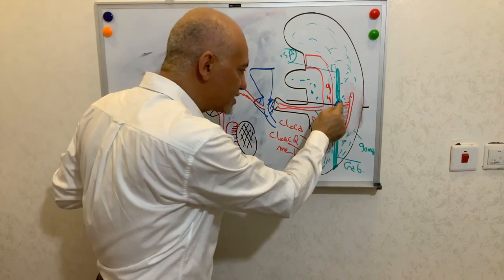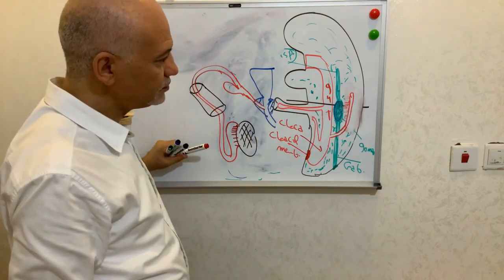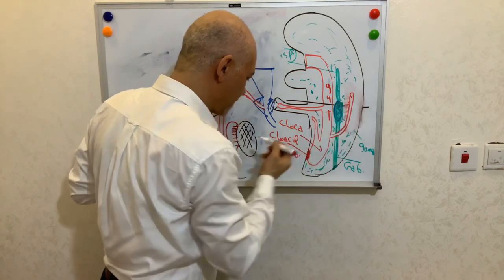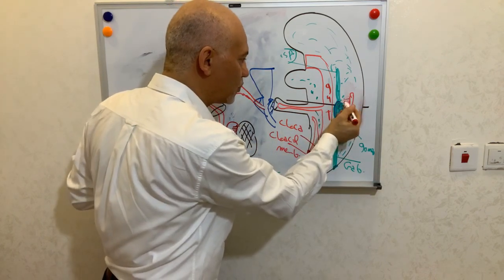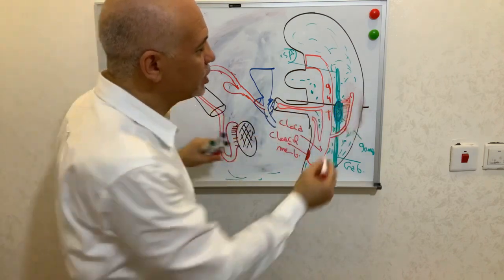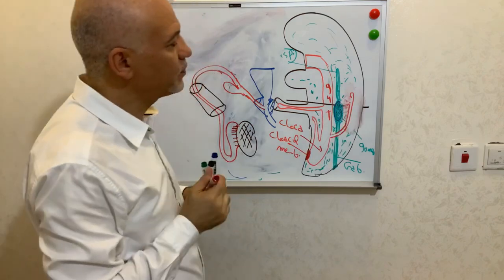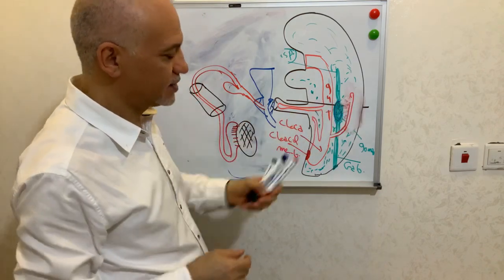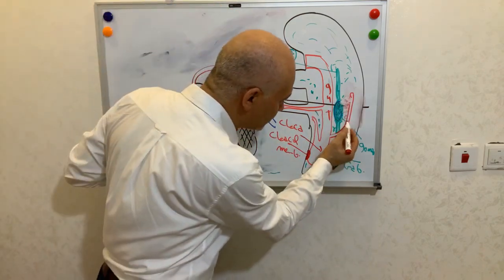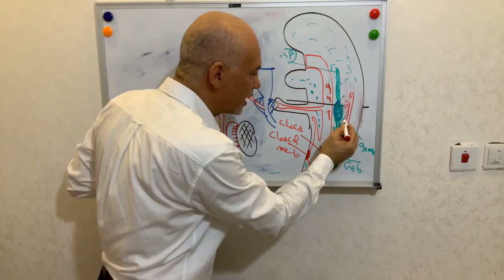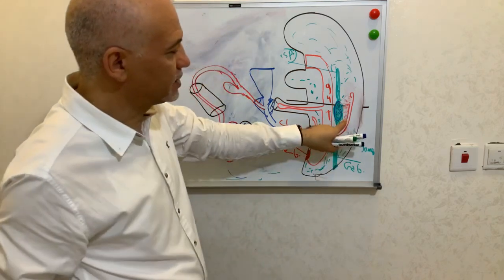The upper or cranial group of mesonephric tubules degenerates and forms what's called the appendix of the testis. The lower group here also degenerates and forms what's called the paradidymis.